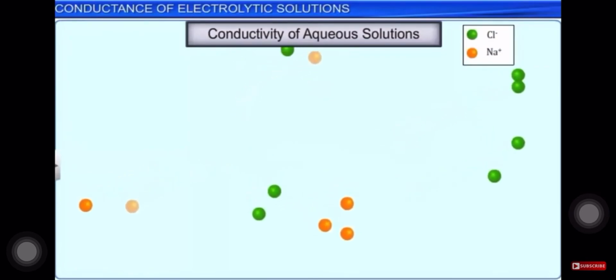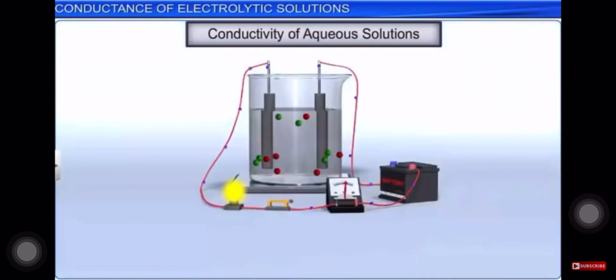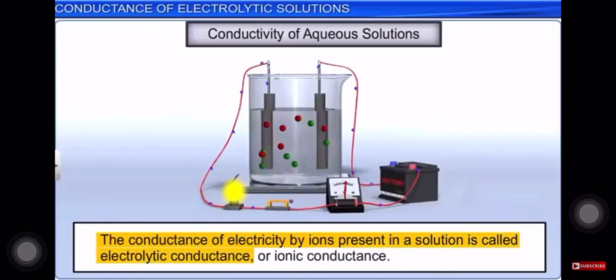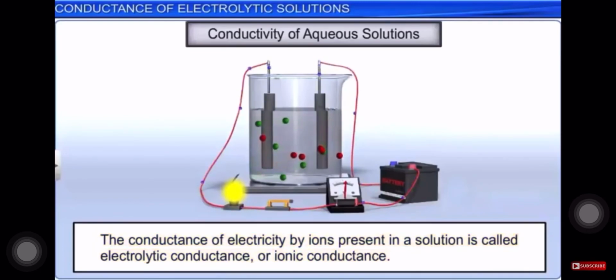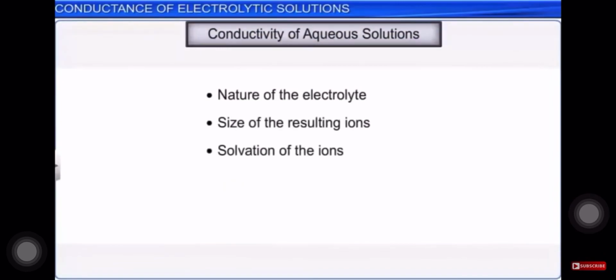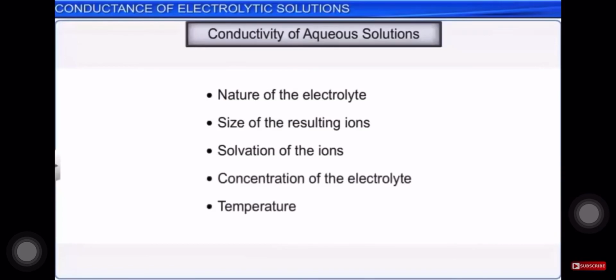In water, these ions will be formed, right? And thus conductance of electricity by ions present in the solution is known as electrolytic conductance or ionic conductance. Definitely it depends on what sort of ions we are adding. If we are adding good ions, the conductivity will be more. Again it depends on a few things: nature of the electrolyte, size of the resulting ions, solvents, solutions and temperature.